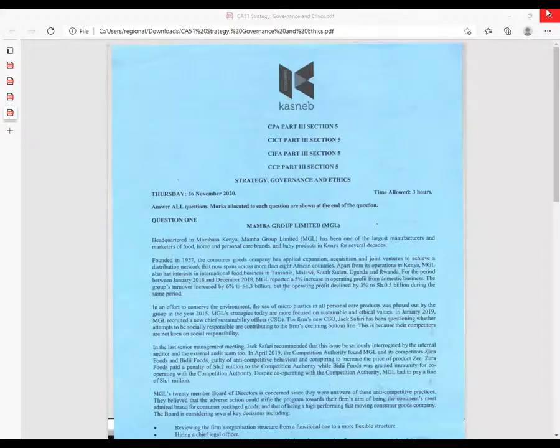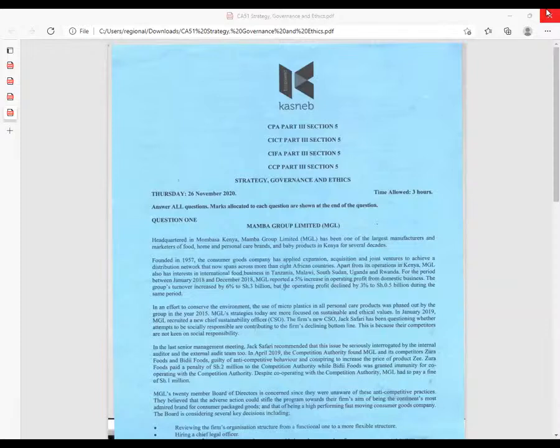Apart from its operations in Kenya, MGL also has interests in international food business in Tanzania, Malawi, Southern Sudan, Uganda, and Rwanda.